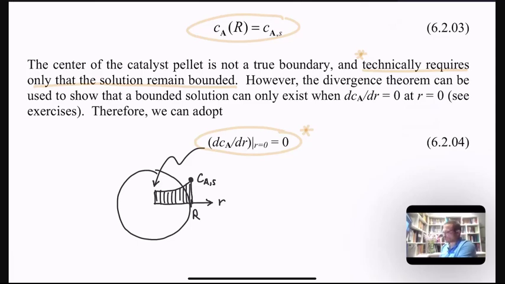But you can show using the divergence theorem that a bounded solution at 0 must correspond to a solution with derivative at 0 equals 0. So this is a little cartoon picture of our spherical pellet. I've drawn the radius axis coming out, and the surface is at r equals capital R, with the boundary value fixed at the surface and the derivative fixed to 0 in the middle.